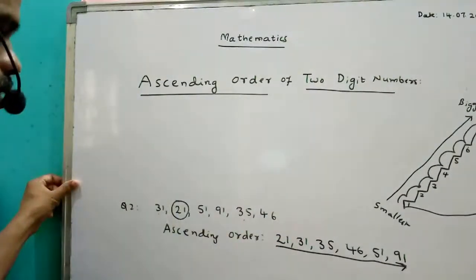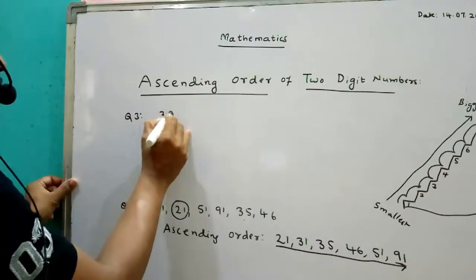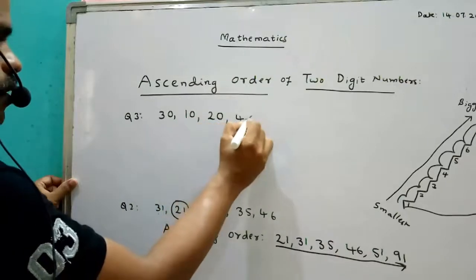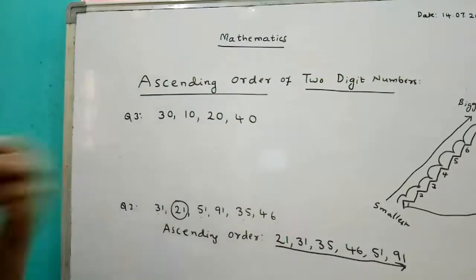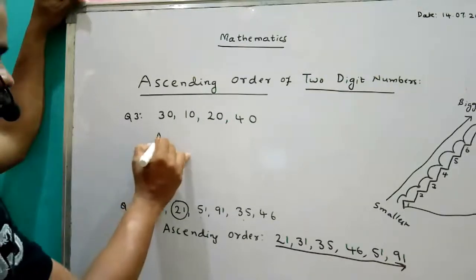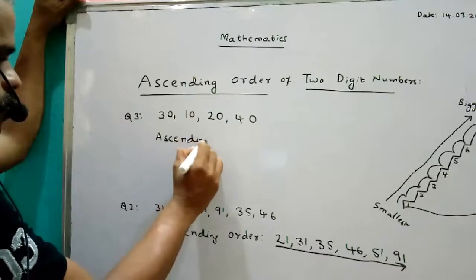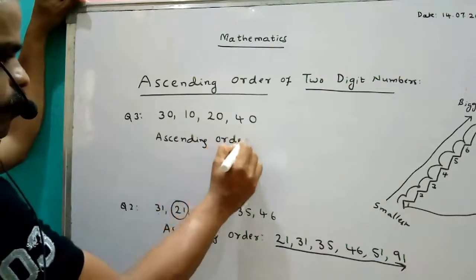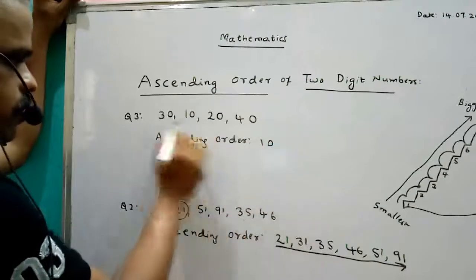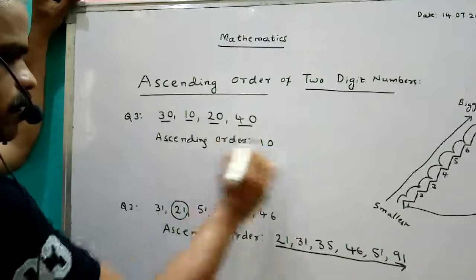One more example for you, that is question 30, 10, 20, 40. See, we have 4 numbers here, 2-digit numbers. So write ascending order. See, which is the smallest here? 10. Which is the smallest? 10.